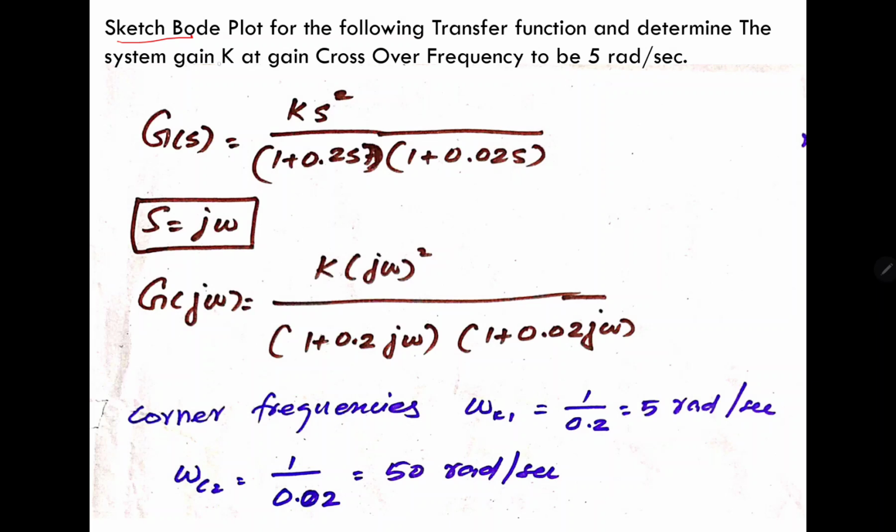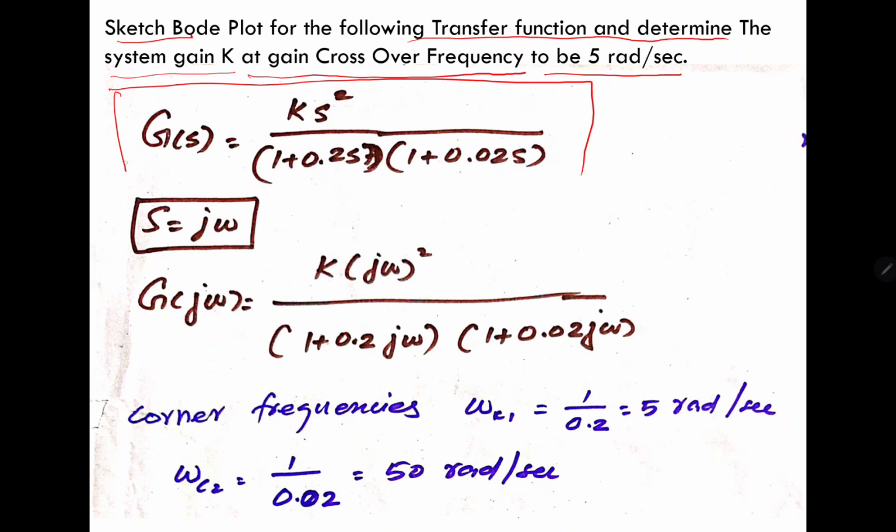Sketch the Bode plot for the following transfer function and determine the system gain K at gain crossover frequency to be 5 radians per second. The given transfer function is G(s) = K s square divided by (1 + 0.2s)(1 + 0.02s). So we need to solve this problem.